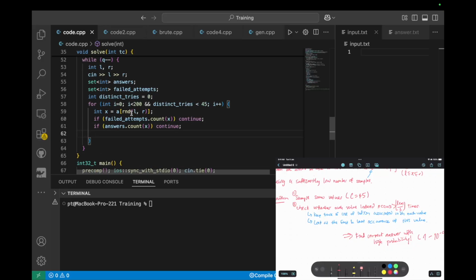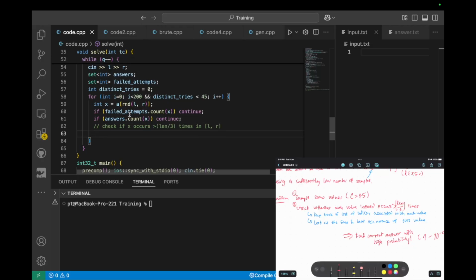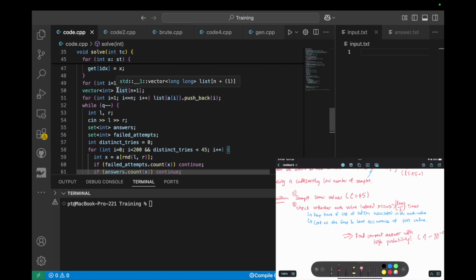So now our final goal is to check if x occurs length over 3 times in L to R. So how would we achieve that? Remember, we have lists for each value.